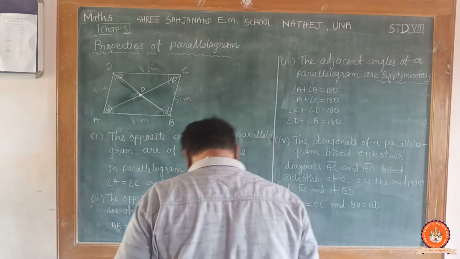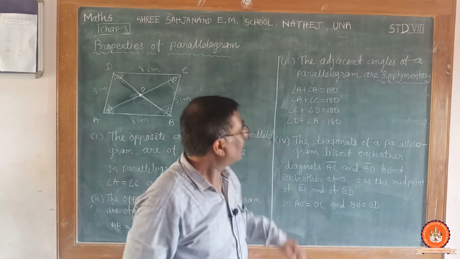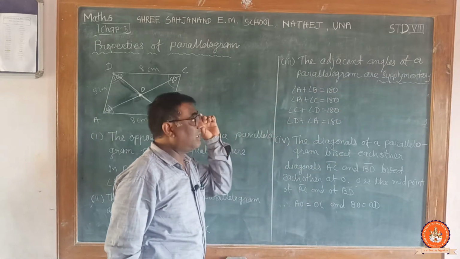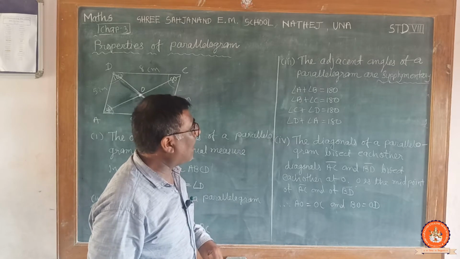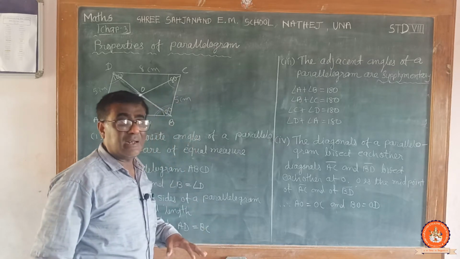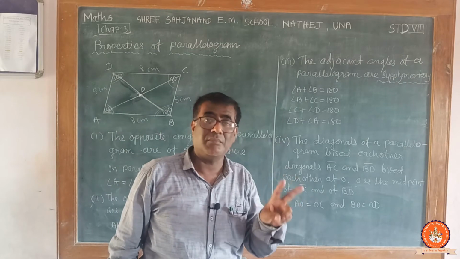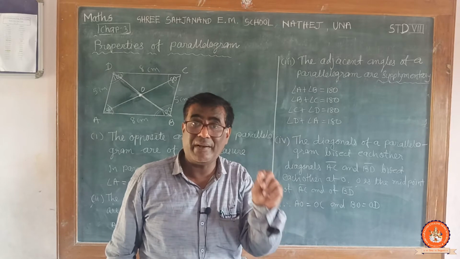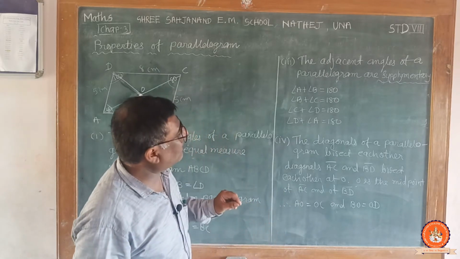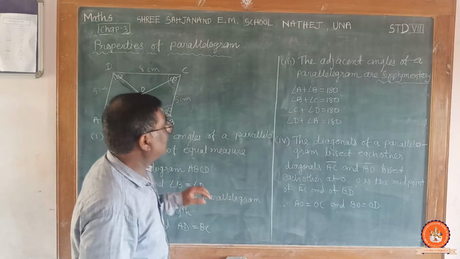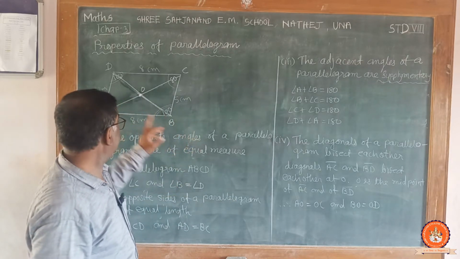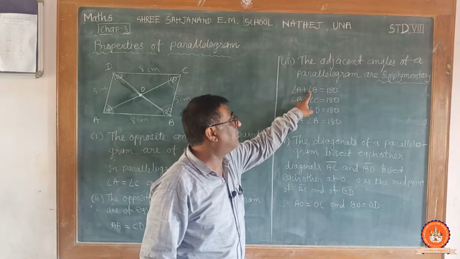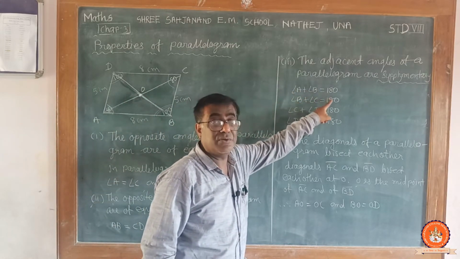Now third property, the adjacent angles of a parallelogram are supplementary. Supplementary angle यानी जो दो एंगल का सम ऑफ मेजर ऑफ एंगल्स 180 होता है उसको सप्लीमेंट्री बोलते हैं. So adjacent angles of a parallelogram, there are 4 pairs of adjacent angles. Angle A and B सप्लीमेंट्री हो गए, यानी measure of angle A plus measure of angle B is equal to 180.